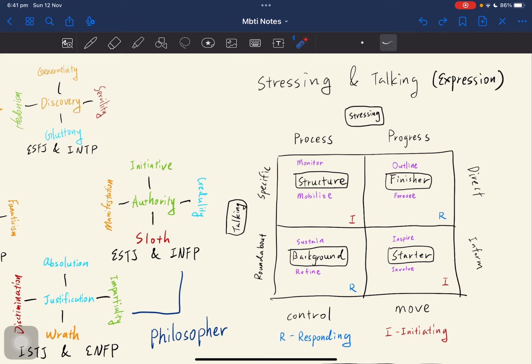So if you see two informed people talk, you will see a lot of subtext, very indirect, a lot of information, but somehow they know what each other is talking about because they are good at reading the subtext also. But for direct people, maybe they have trouble with this.